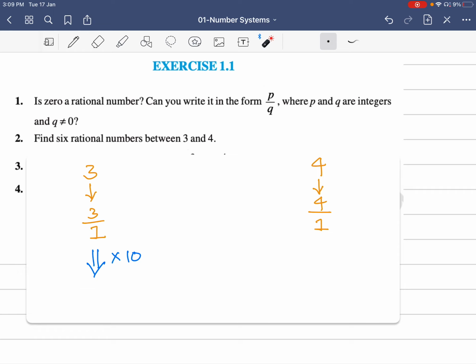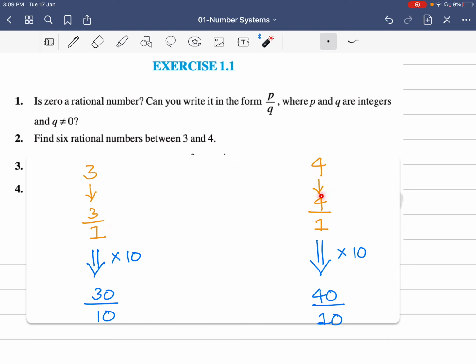So 3 multiplied by 10 is 30, and 1 multiplied by 10 is 10. Similarly, multiply both numerator and denominator of the other rational number by 10. So I get 4 into 10 is 40, divided by 1 into 10 is 10. So note that 3 is equal to 3 by 1, which is equal to 30 divided by 10.